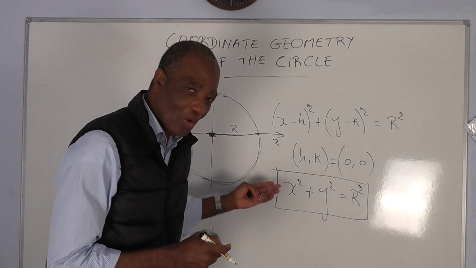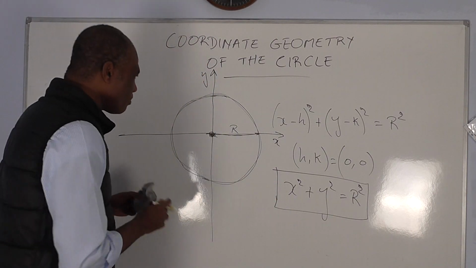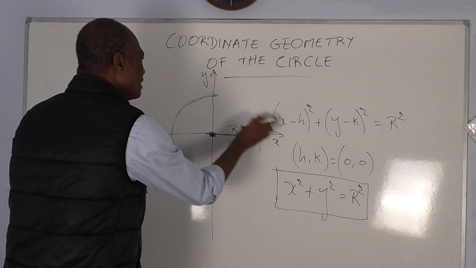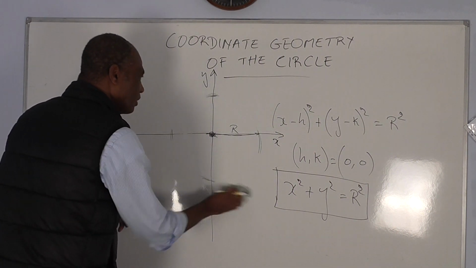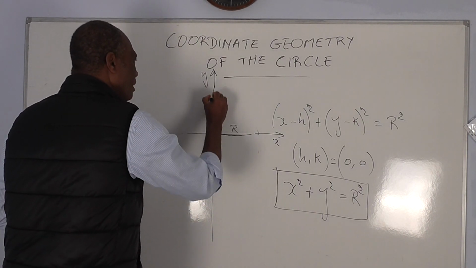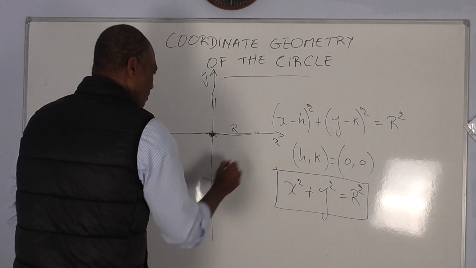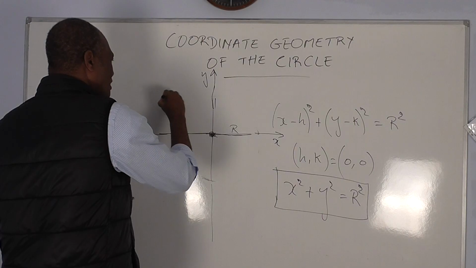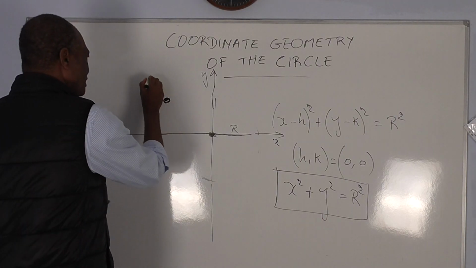If it is elsewhere, for example, instead of having it there, we can have it maybe somewhere there.